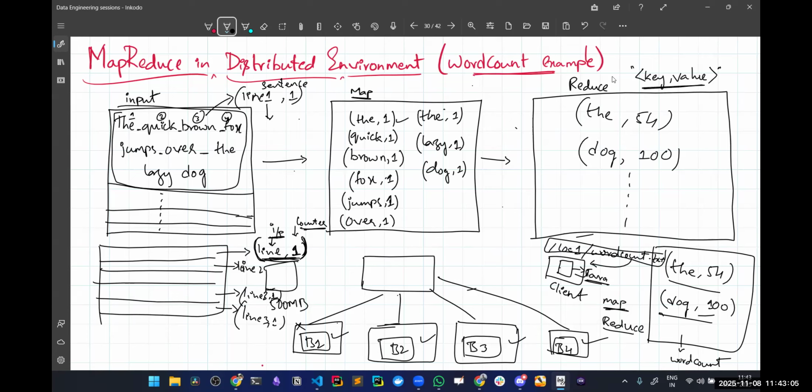We have seen how this works. Here I've made a small mistake. It's not this way, there is a slight difference here. When we have input coming in as text, each line will be treated as one record.